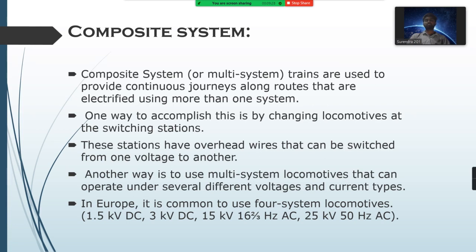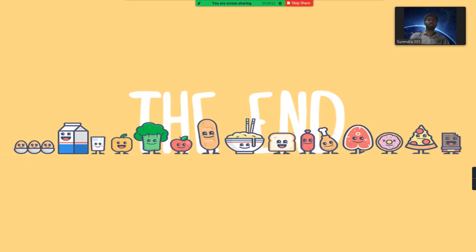Another way is to use multiple-system locomotives that can be operated on several different voltages and current types. In Europe, it is common to use four-system locomotives: 1.5 kV DC, 3 kV DC, 15 kV at 16 2/3 Hz AC, and 25 kV at 50 Hz AC.